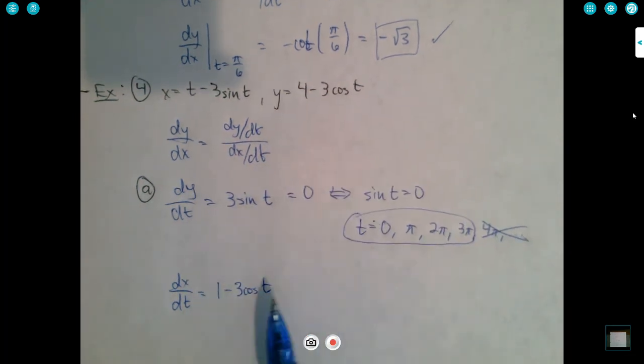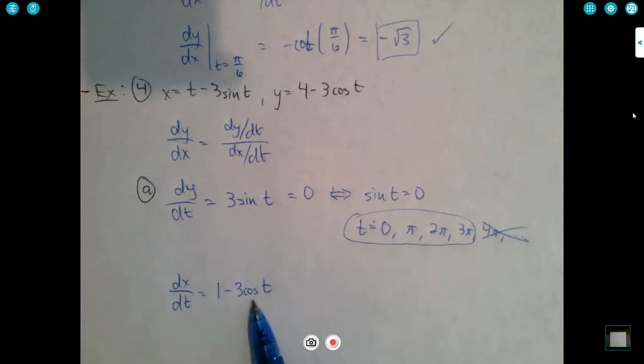If I plug in 0, cosine 0 is 1, so 1 minus 3 is negative 2, so that's not a problem. If I plug in pi, cosine pi is negative 1, so I would get 4. Here I would get negative 2 again, and here I would get 4 again.